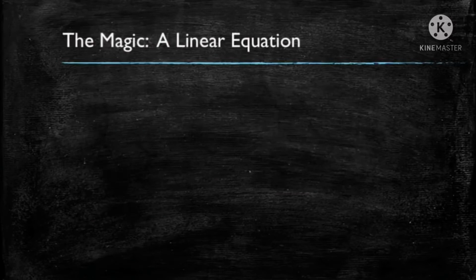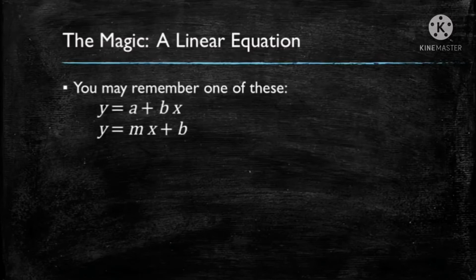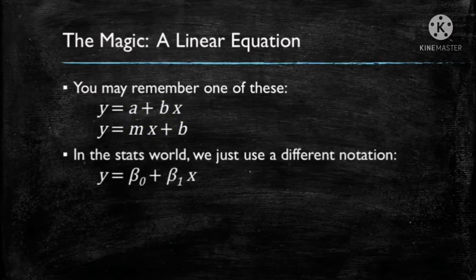When we use simple linear regression models, we call them linear because we're using a linear equation. And from your high school years, you might remember one of these, where y is a function of x, and there's a term that is added to the function and another one that multiplies the x. In the stats world, we like Greek letters, and we're going to be using a slightly different notation.